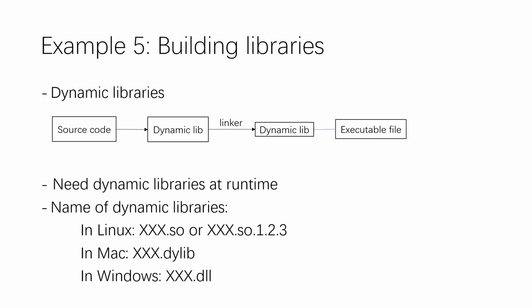So we will need dynamic libraries when we run the executable file, and we cannot delete them. The name of dynamic libraries in Linux can be something.so or something.so and the version number of this library. In Mac, it can be something.dylib, and in Windows, it can be something.dll.